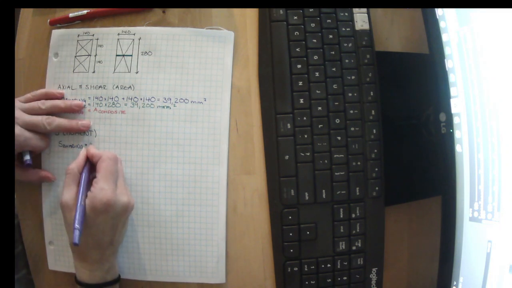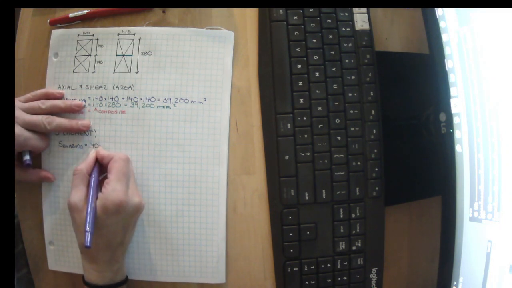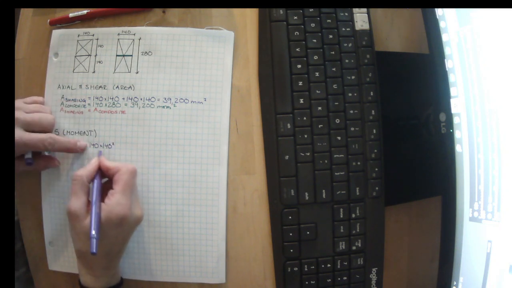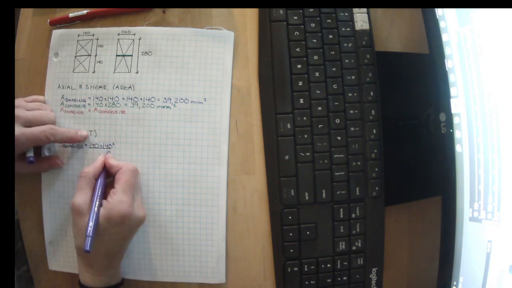We have 140 times 140 squared, or B times D squared divided by 6, plus 140 times 140 squared divided by 6.